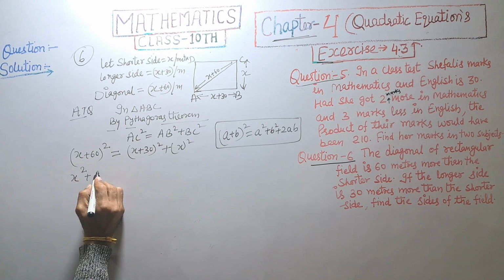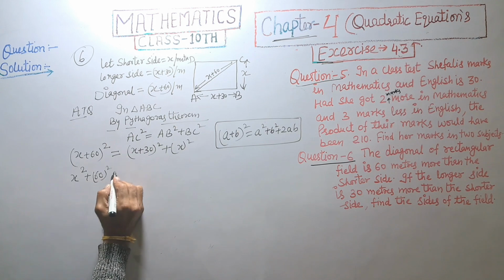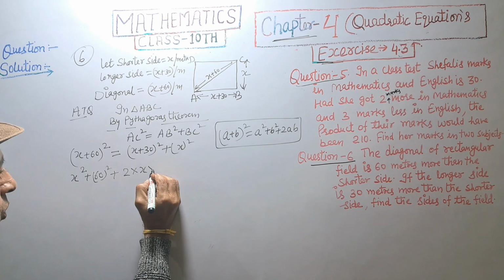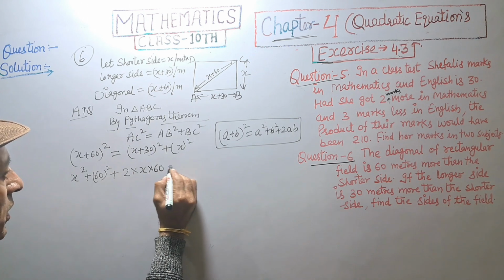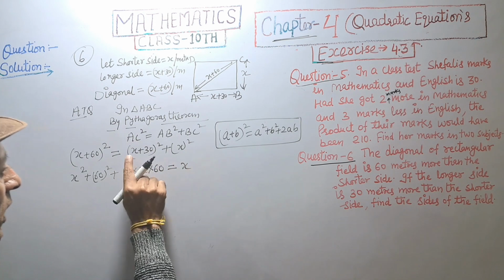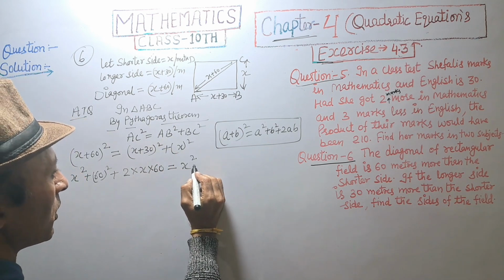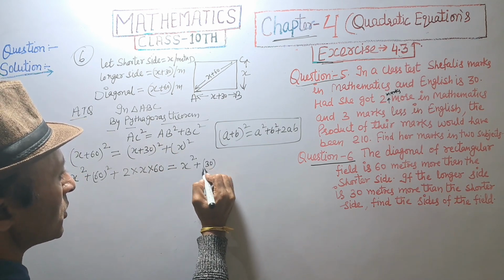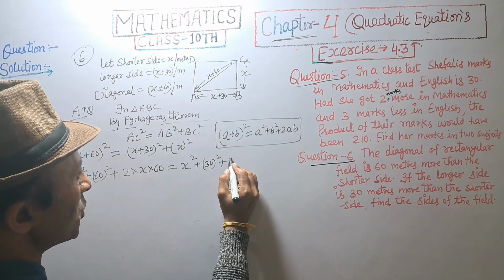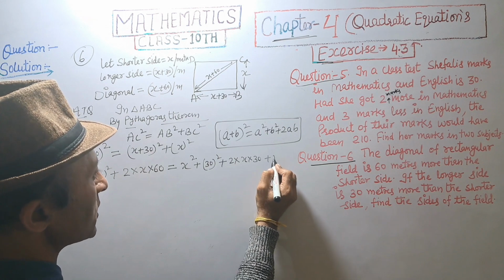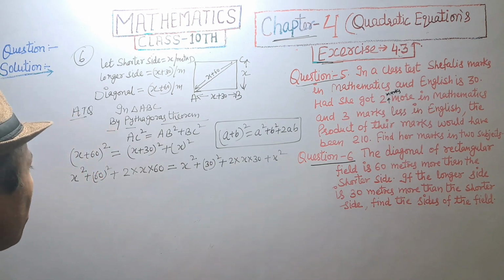So x square plus 60 square plus 2 into x into 60 is equal to x square plus 30 square plus 2 into x into 30 plus x raised to power 2.